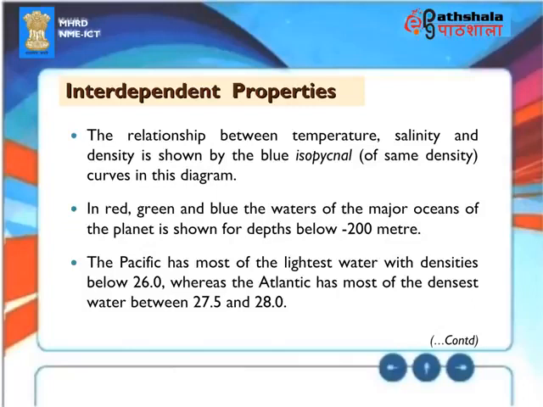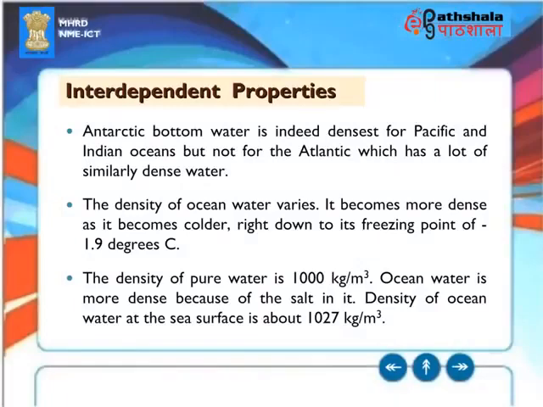The Pacific has most of the lightest water with densities below 26.0, whereas the Atlantic has most of the densest water between 27.5 and 28.0. Antarctic bottom water is indeed densest for Pacific and Indian Oceans, but not for the Atlantic, which has a lot of similarly dense water.